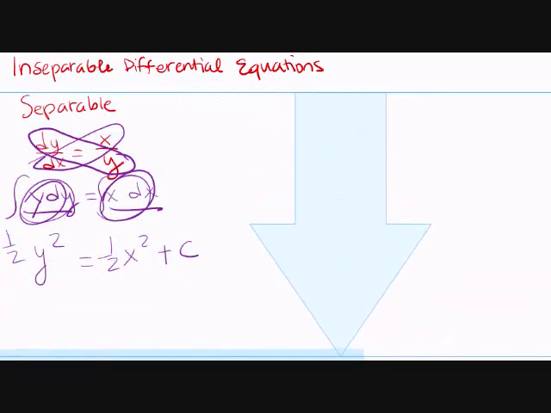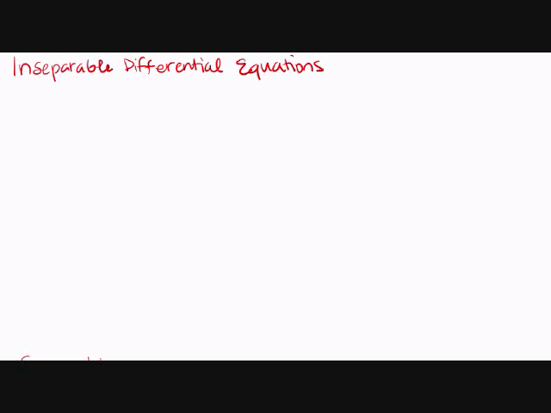So let's move on to what this is really about, and that is inseparable differential equations, and specifically, like I said, those using an integrating factor. You won't know what an integrating factor is for another couple minutes, but it'll all make sense once you do.